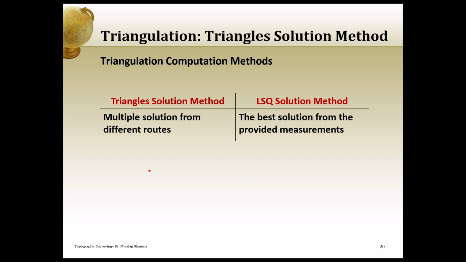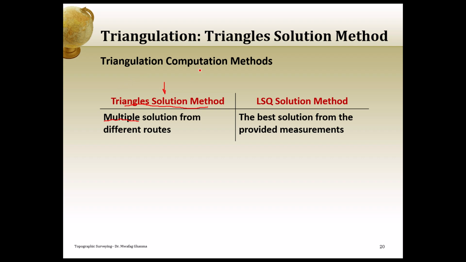The first method is the manual method, or the stepwise method, where we calculate something and jump to the other, and this is what we call the triangle solution method. When we solve, we will have multiple solutions from different routes. If we go from this side to that side and that side, it will give you a solution. If we change the route, it will give you another solution.